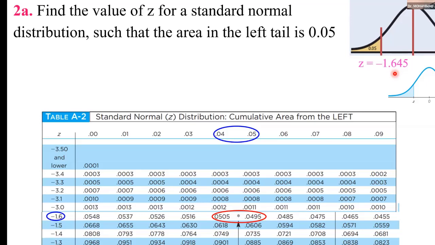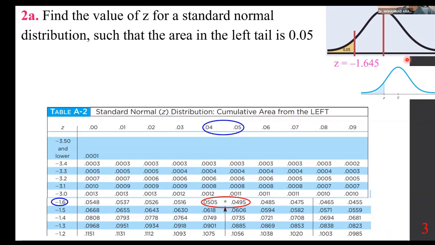Now, just in case the area to the right was 0.05, since you've done all of this work, the right side would be the opposite of this, and it would be positive 1.645 by symmetry. It's important to know the total area again is 1, and on each side is 0.5.